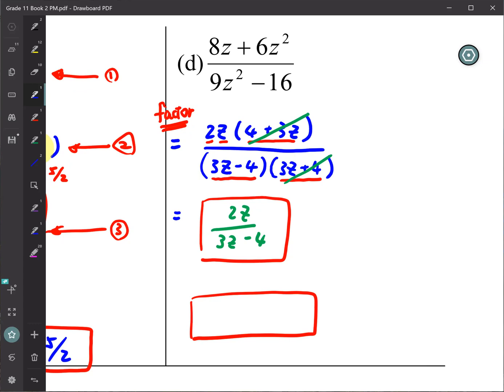Okay, Jiawen, Marcus, are you done? Restriction? Not yet. Okay, when you're done, let me know, okay?